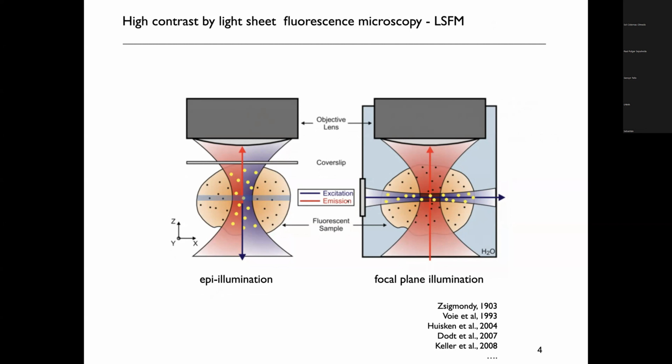But now we illuminate the sample from the side and illuminate only the focal plane. And that has a big advantage that we don't excite out of focus fluorescence, but only the focal area, which greatly improves the contrast.